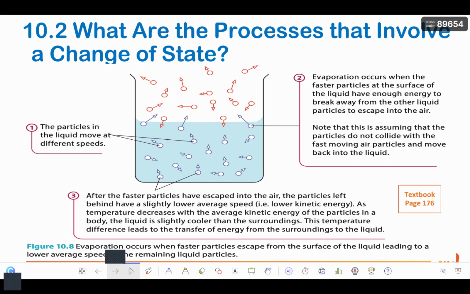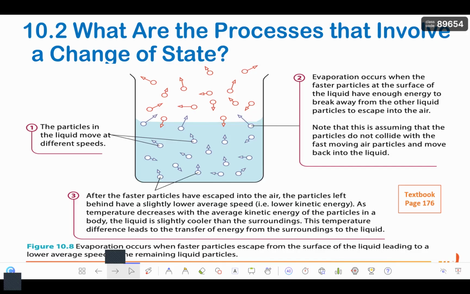It removes the heat from your skin in order to overcome the forces of attraction. And as it leaves behind the remaining sweat molecules with lower kinetic energy, the sweat becomes a little bit cooler on your body as well. So that's why you cool down as you sweat. It's how your body helps you to regulate your temperature. When you're too hot, you perspire, you sweat, and when the sweat evaporates, it helps to cool down your body.